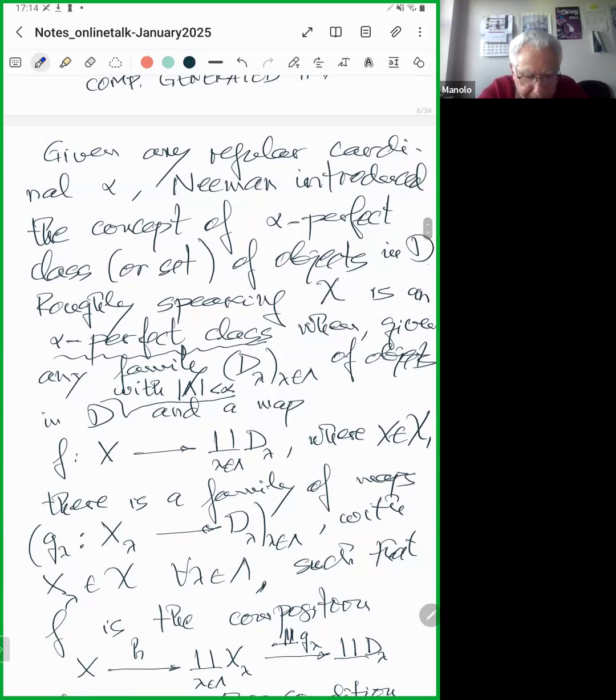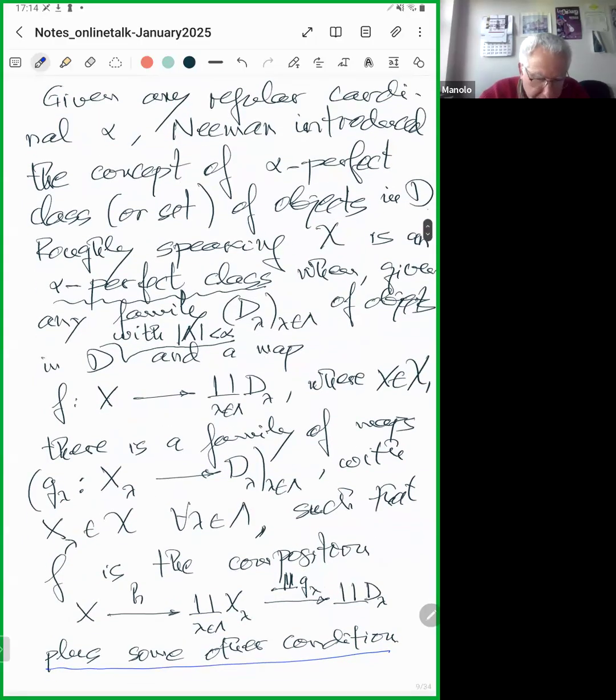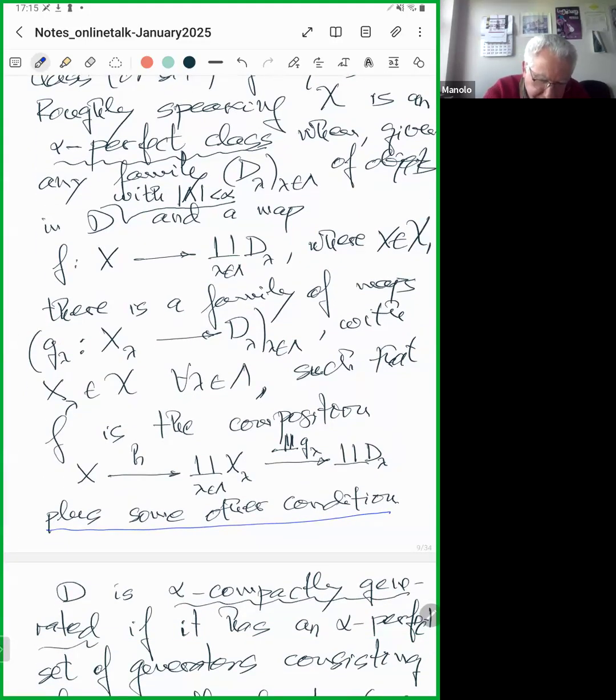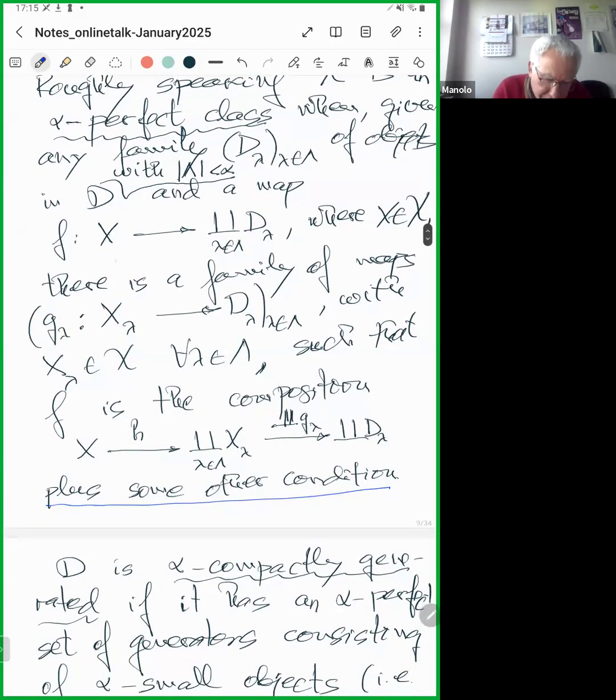Given any regular cardinal alpha, Neeman introduced the concept of alpha-perfect class or set of objects in D. Roughly speaking, X is an alpha-perfect class when, given any family of fewer than alpha objects and a map F from X to the coproduct of the objects, there is always a family of maps with domains in X, indexed by the same set, such that the original map F factorizes in this way.